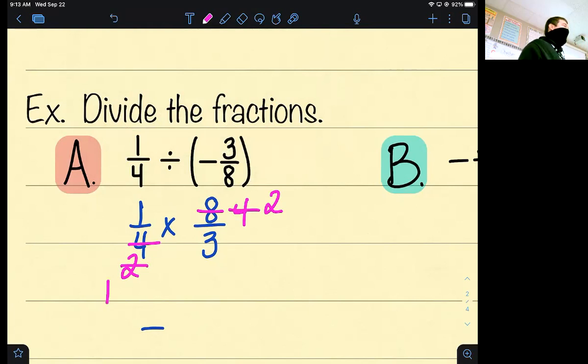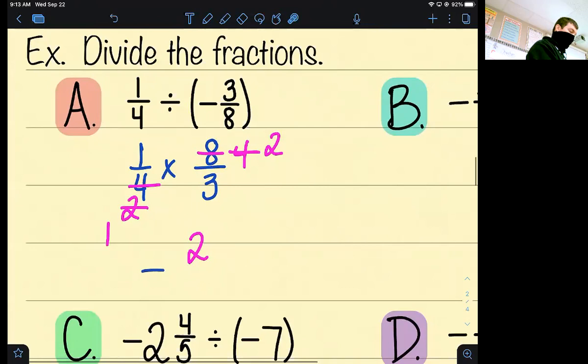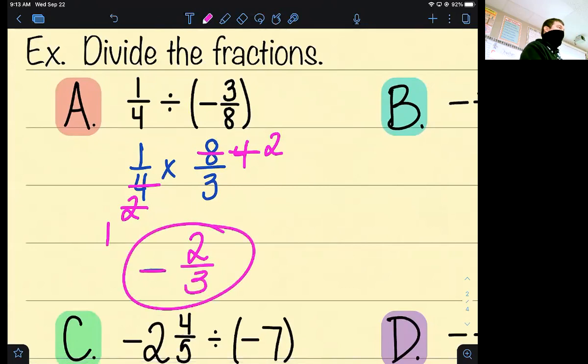That's okay if you didn't notice that. So on top I'm doing 1 times 2, what's that? 2. And on bottom, I'm doing 1 times 3, which is 3. -2/3. Canceling is okay once you change it into a multiplication problem.